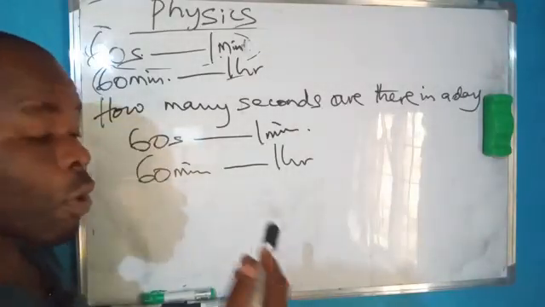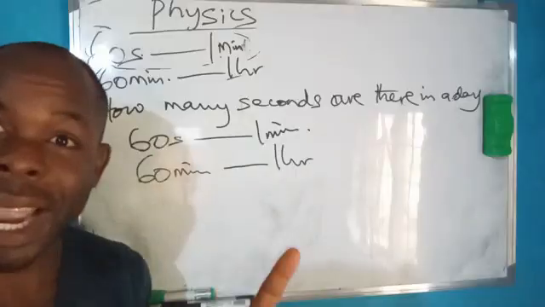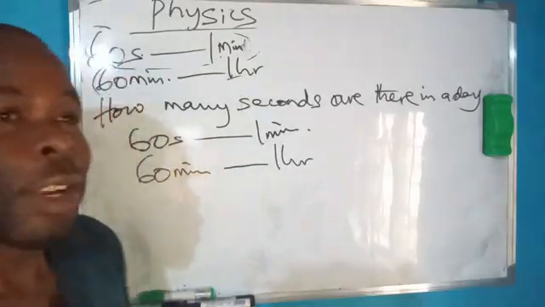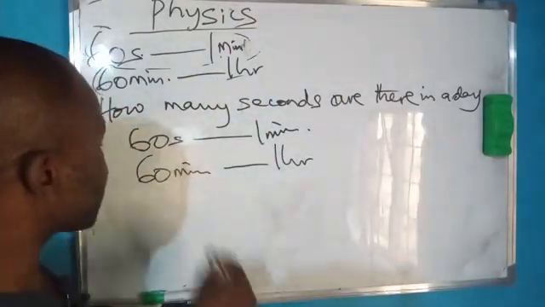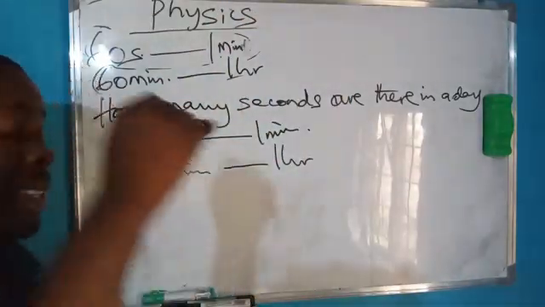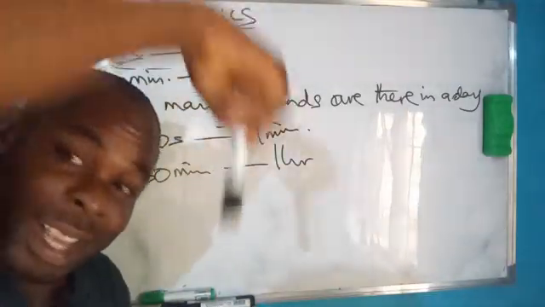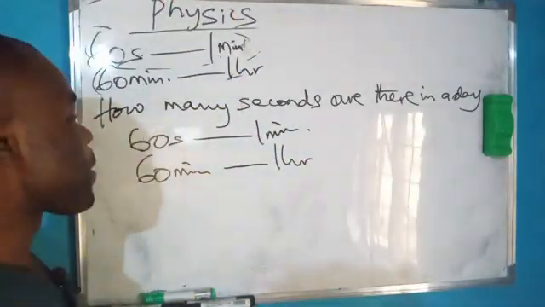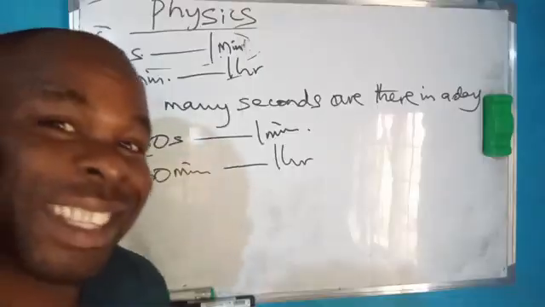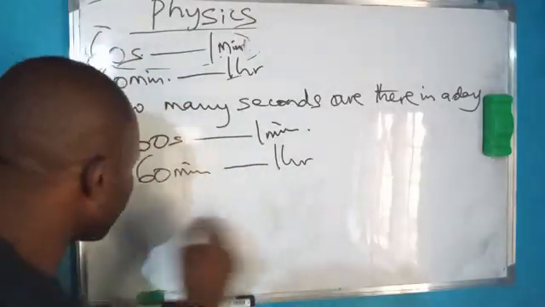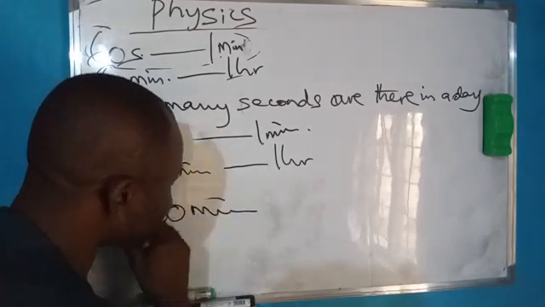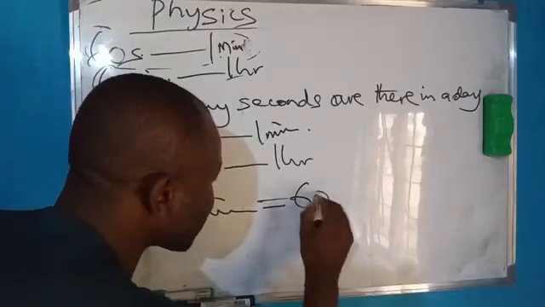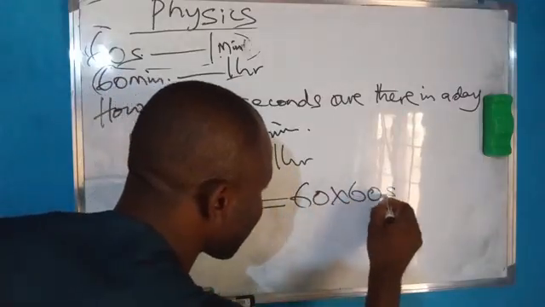Which means 2 minutes will be 2 times 60 seconds, 3 minutes is 3 times 60 seconds, which means 60 minutes will be 60 times 60 seconds. Is that clear, guys? 60 minutes will be equal to 60 times 60 seconds.